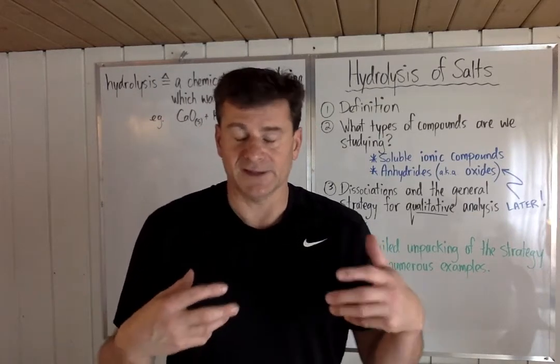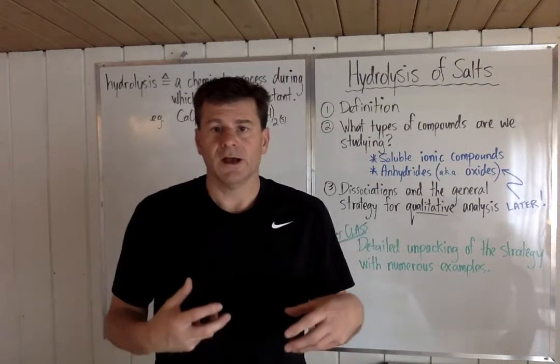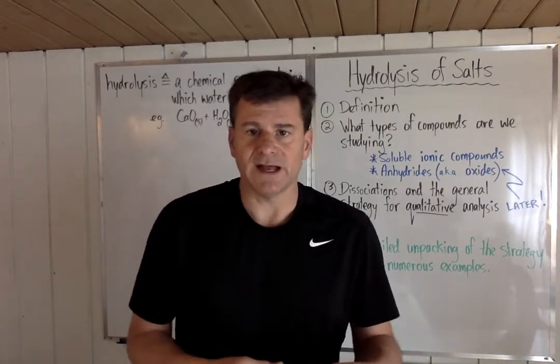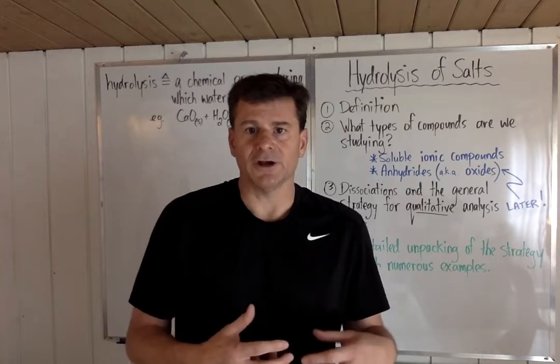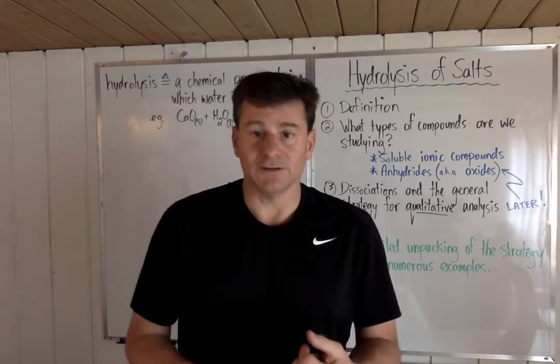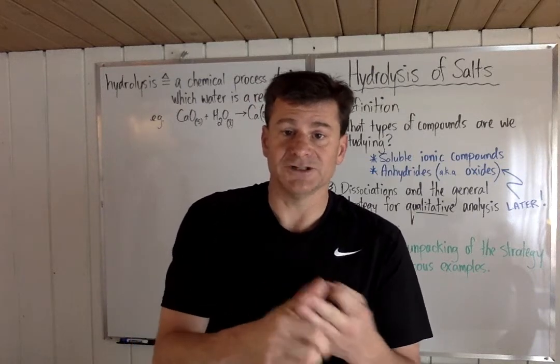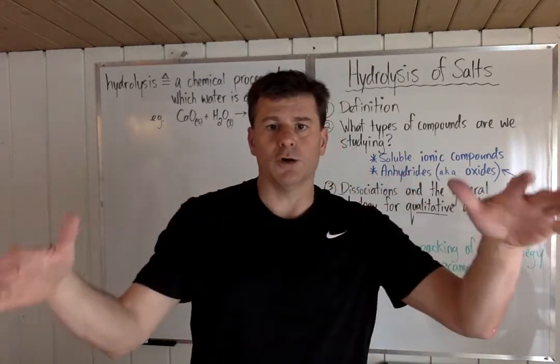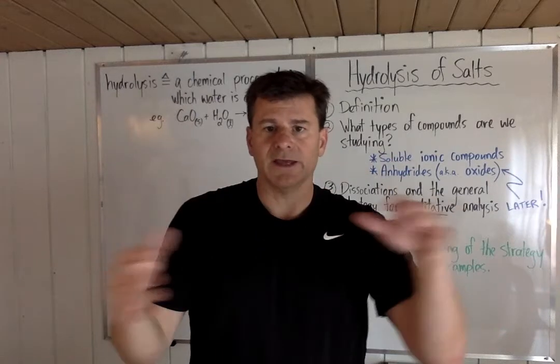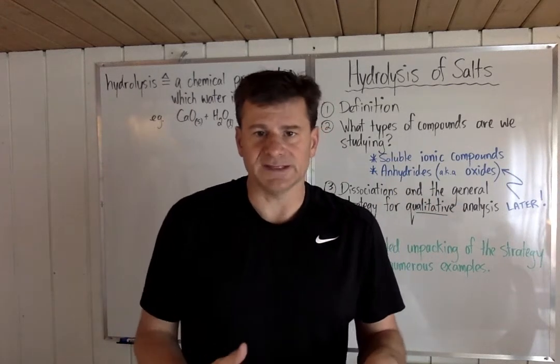The question is, when you dissolve that solid ionic compound into water, does it make the solution acidic? Does it make the solution basic? Or does it leave the solution neutral? That's the big overlying question of all of these things.